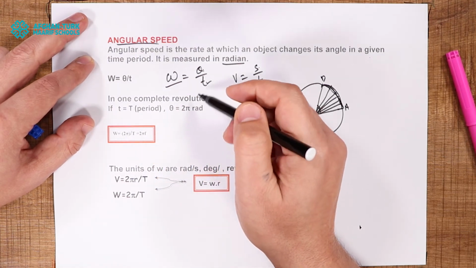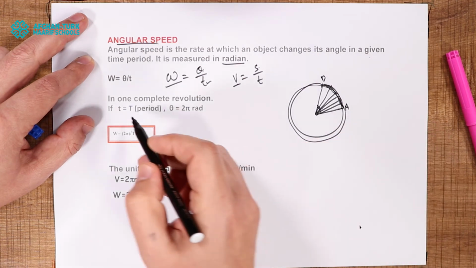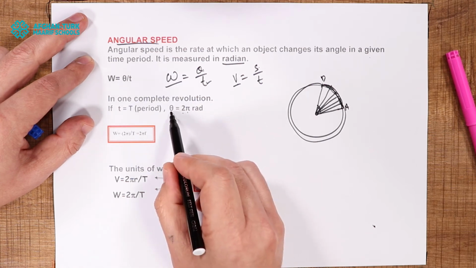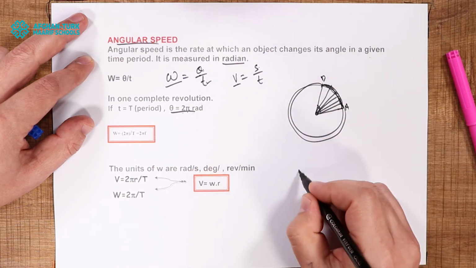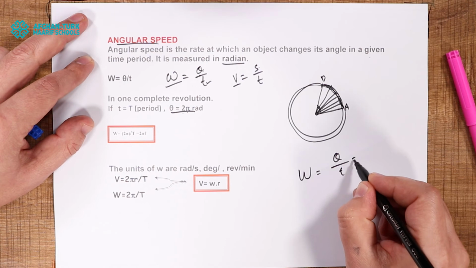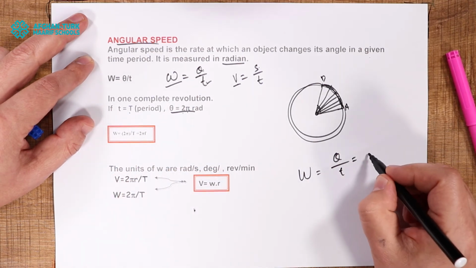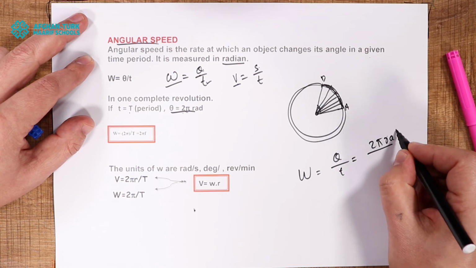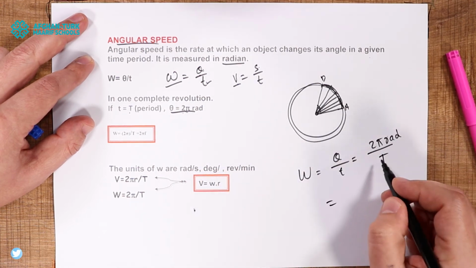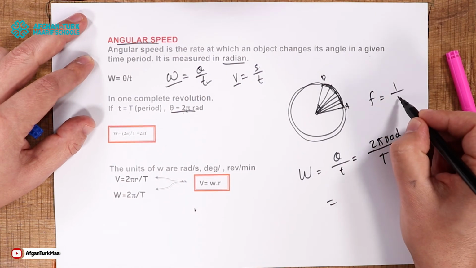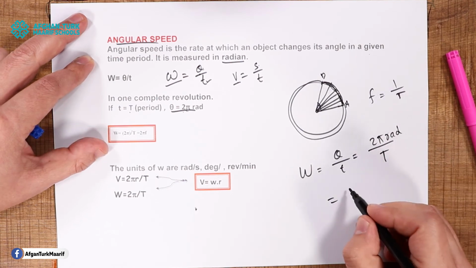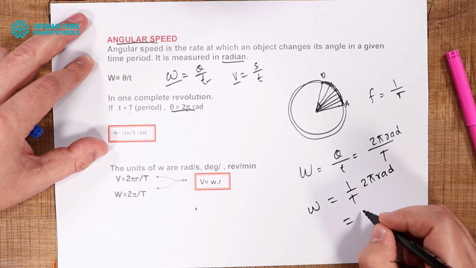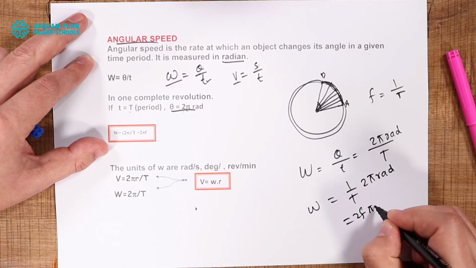Okay, in one complete revolution, one complete turn, T is equal to the time period and theta is equal to 2 pi radian. If we use these values in the formula theta divided by t, instead of theta we use 2 pi radian divided by T. We know frequency is equal to 1 over time period, so this becomes 1 over time period into 2 pi radian, which we can also write as f 2 pi radian.